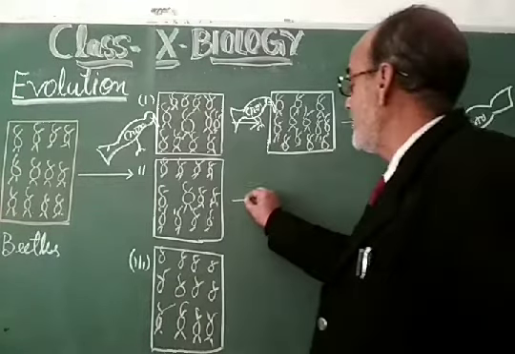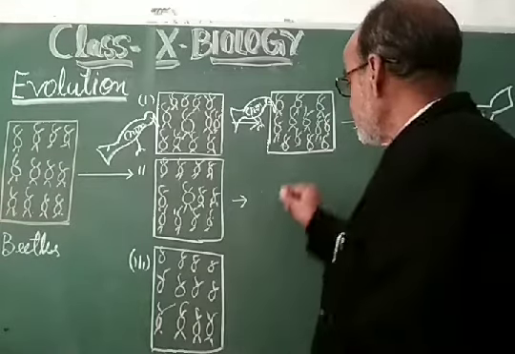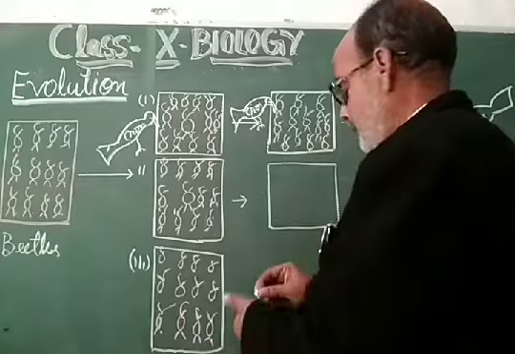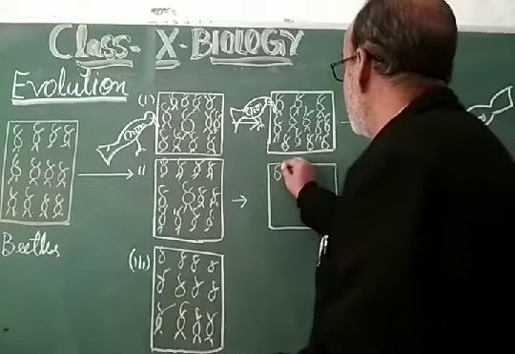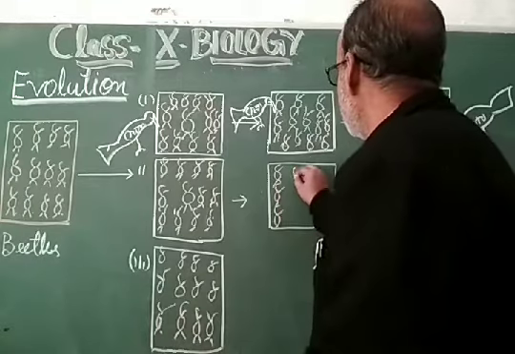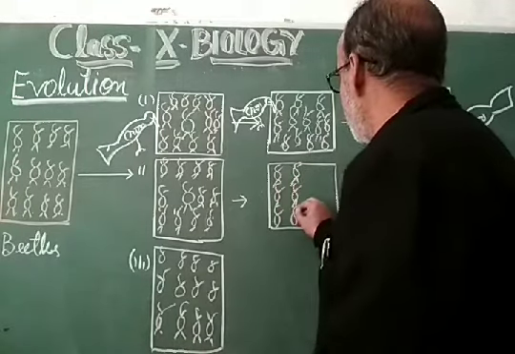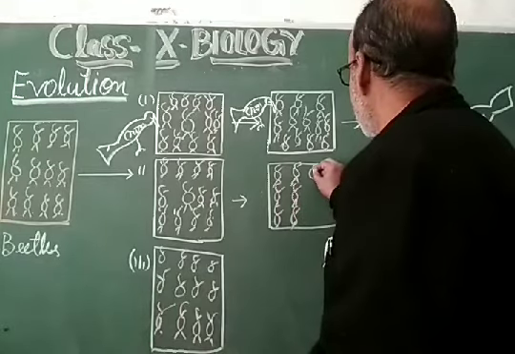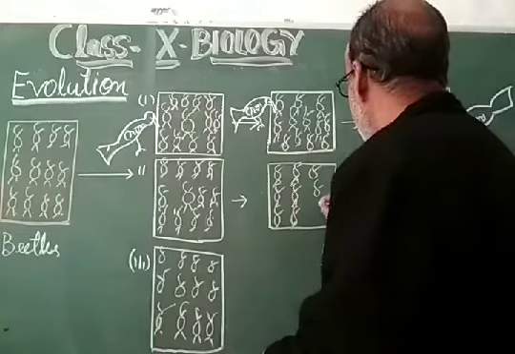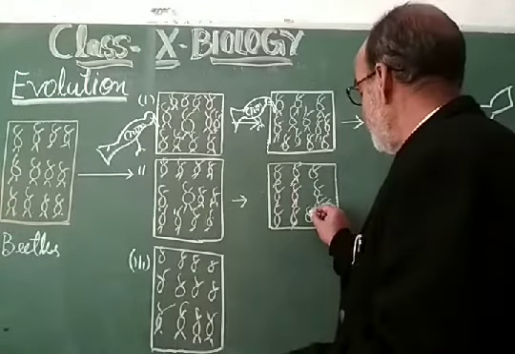Now come to the second case. What happened in this? There will be the origination of red beetles, and there are some green beetles. Some more green beetles are there. And what happened?